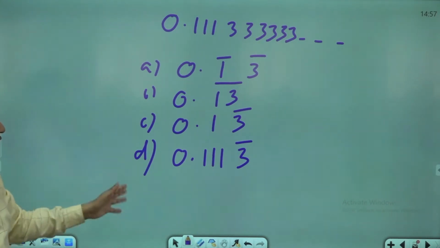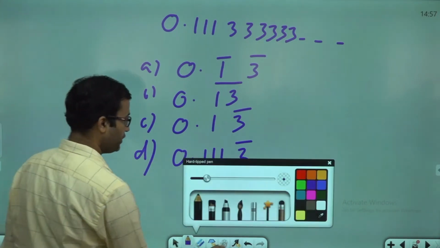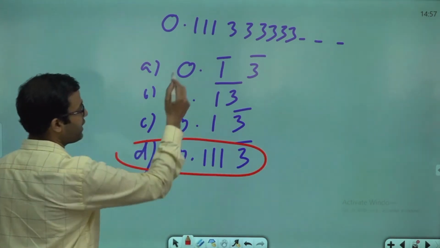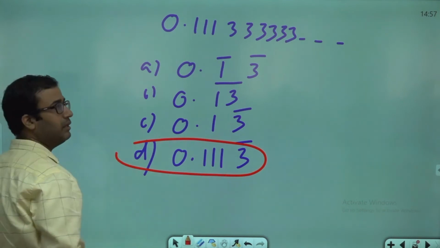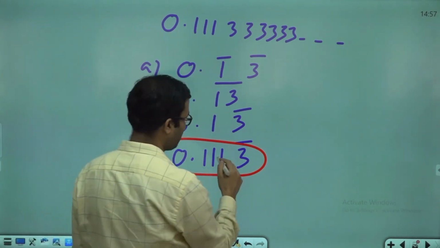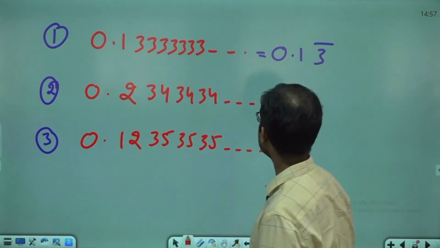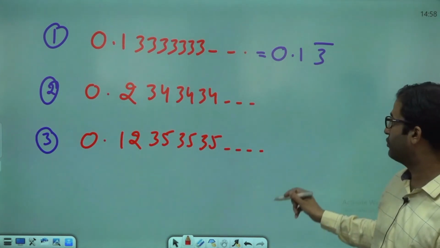D. Don't say 1 is repeating 3 times. Here it is infinite repetition, so this is correct. So here this is 0.1 bar on 3.